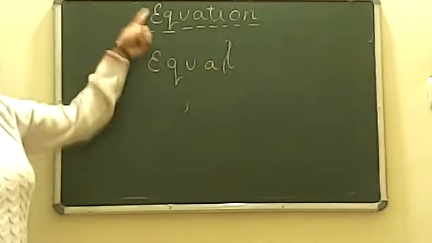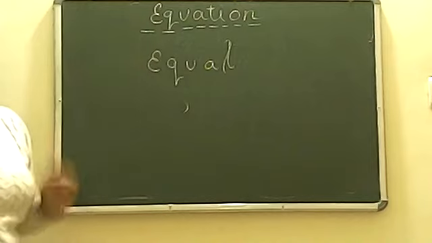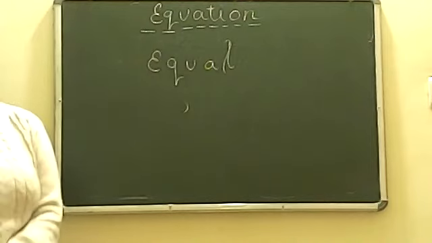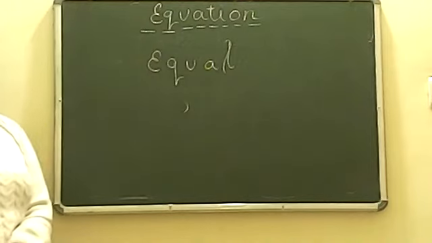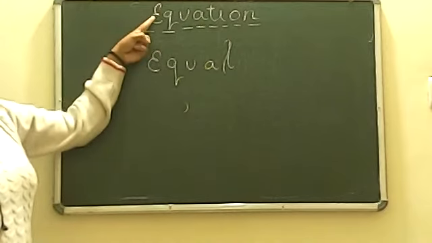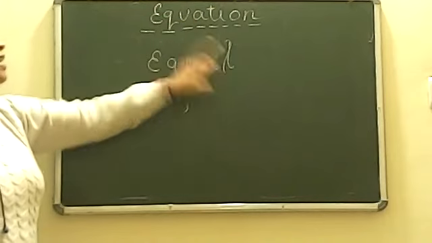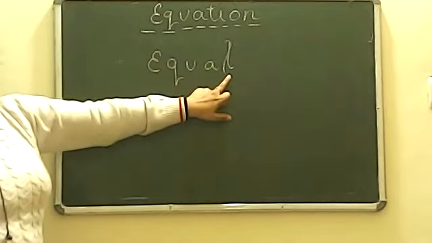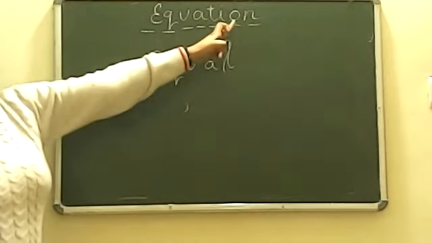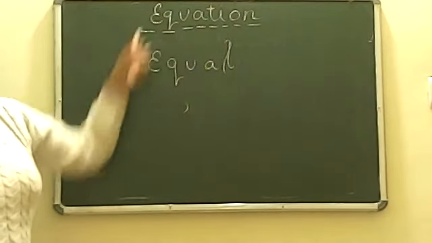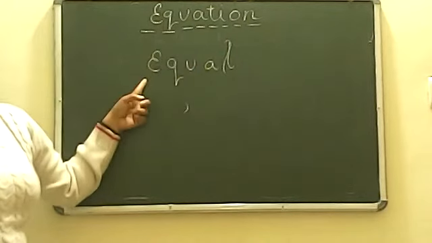Now watch both spellings and tell me how similar they are. First alphabet E, E, Q, Q, U, U, A. From here, at L, the other spelling starts. It means they have a lot of similarity.